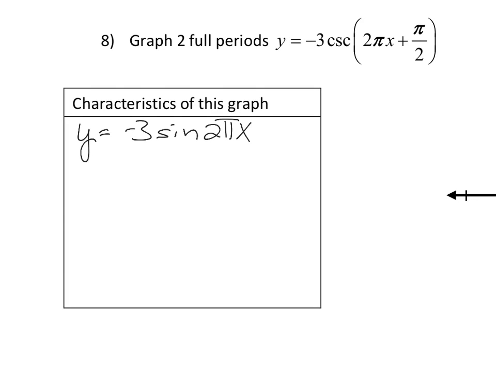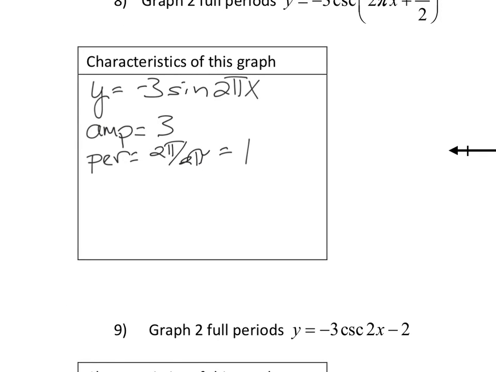That's the underlying function I'm going to graph. All right. The amplitude in this case is 3. The period is the same as in sine and cosine, 2 pi over 2 pi. That is 1.